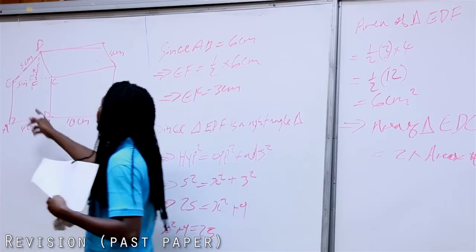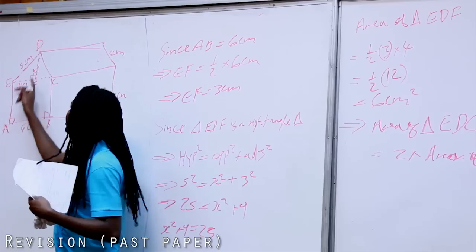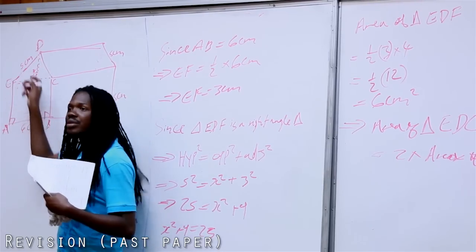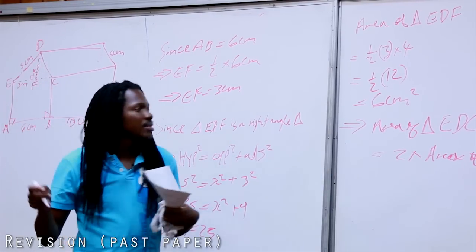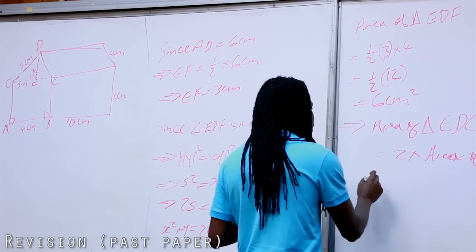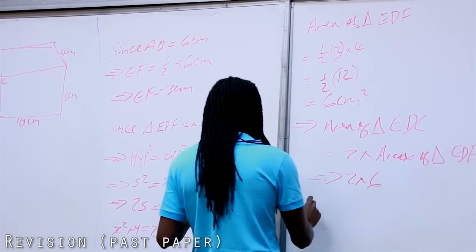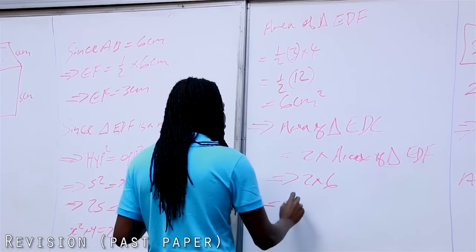All right. I could have said this is 6 and say half 6 times 4. Yes. This implies 2 times 6 equal 12.